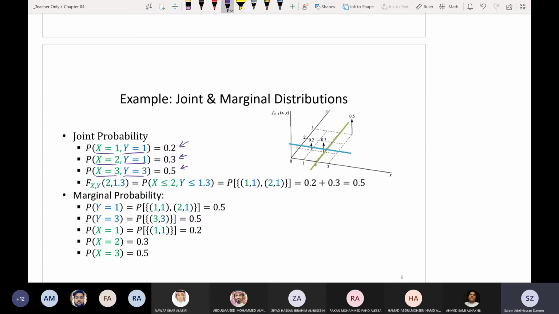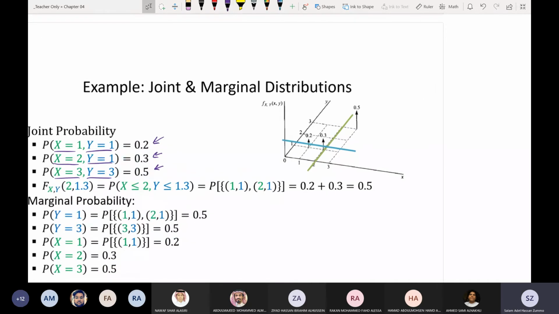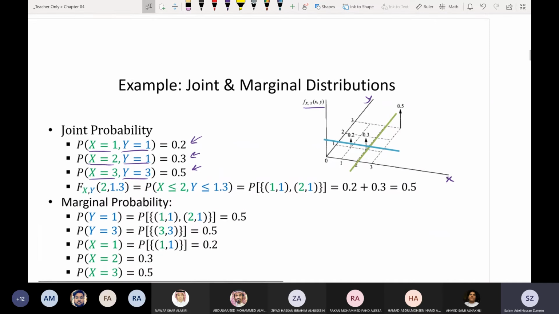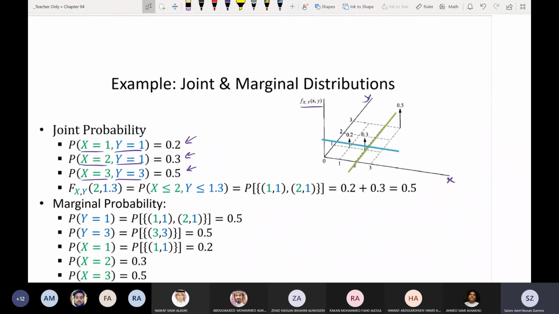So if we look at it in two-dimensional space, if this is x and this is y, and we'll come to it later, this is the joint density. But bear with me, whether you call it density or not. The distribution over x and y: this point has a probability of 0.2. So 1 in the x, 1 in the y, you have an impulse here with 0.2.